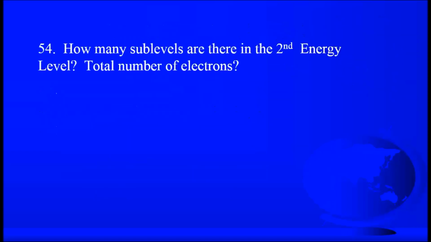How many can live in the second energy level? Let's see. The first energy level had 1, which is 2. How many rooms are in the second energy level? There's a pattern. First floor had 1 type of room.